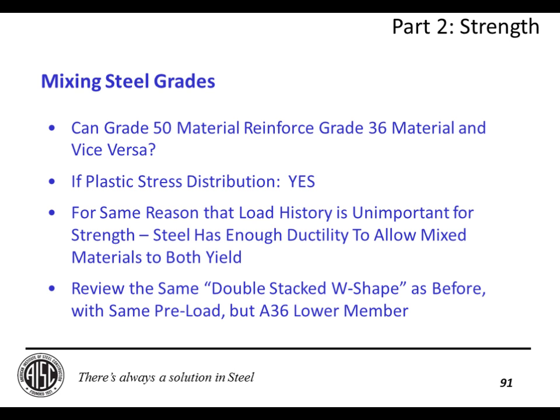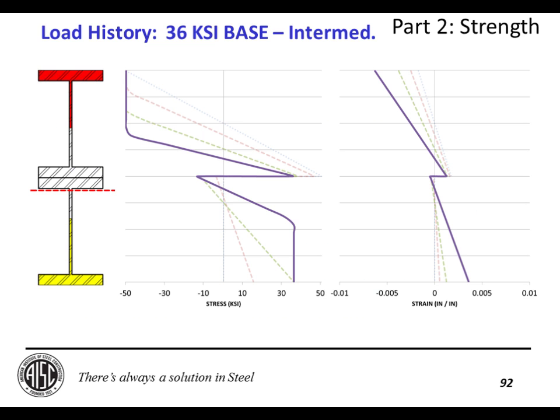So if we review the same sort of double stacked W-shaped thought experiment as before, with the same preload, but now the bottom member is A36 rather than 50. I won't go through the load history because the idea is the same, but this is just an intermediate point where we're yielding the bottom member up to 36 KSI, and the top member is being yielded at 50 KSI.